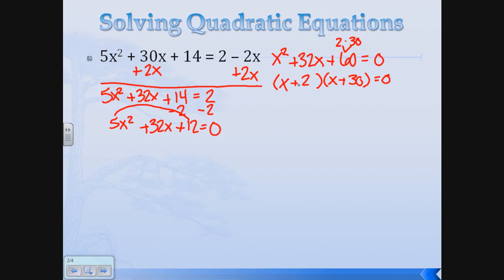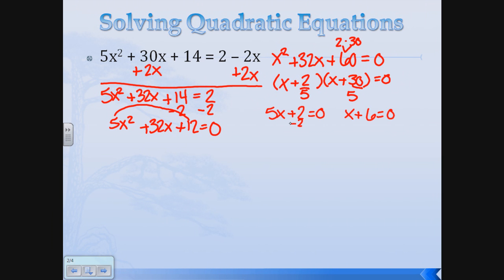Then we need to turn around and divide by 5, so that now we have 5x plus 2 equals 0, or x plus 6 equals 0.